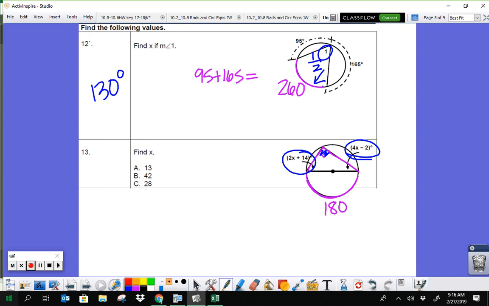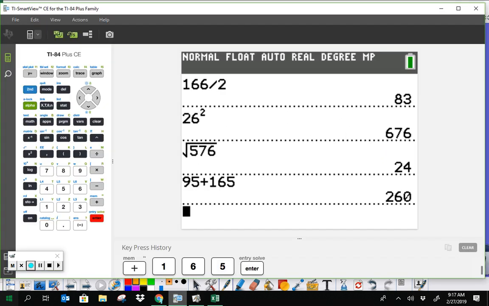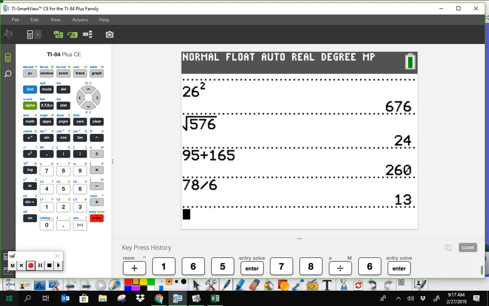So 2x and 4x is 6x, 14 minus 2 is 12, equals 90. Subtract 12, so 6x equals 78, and I'm going to do 78 divided by 6, and you get 13.